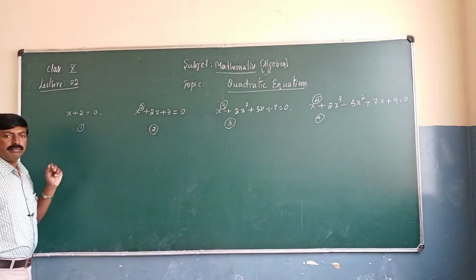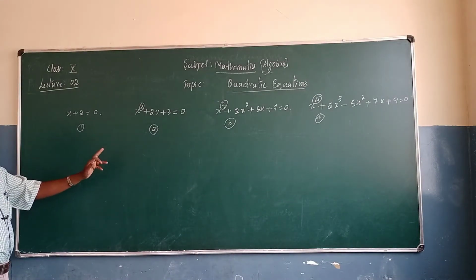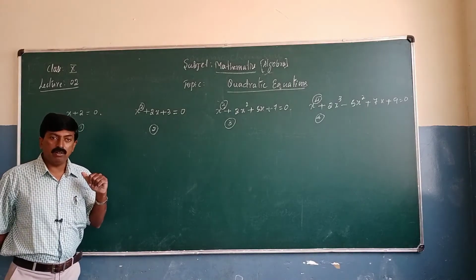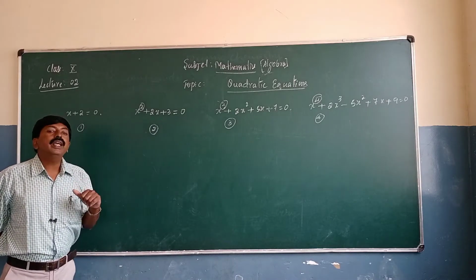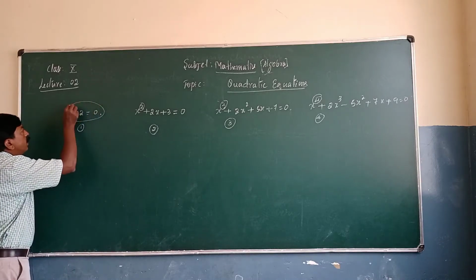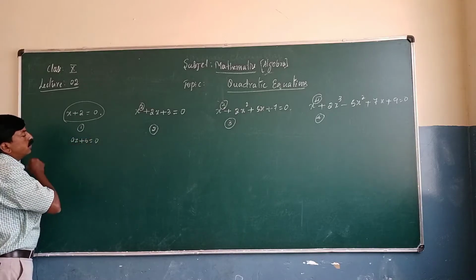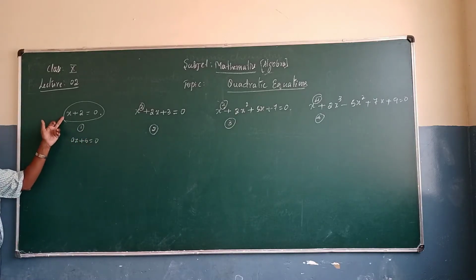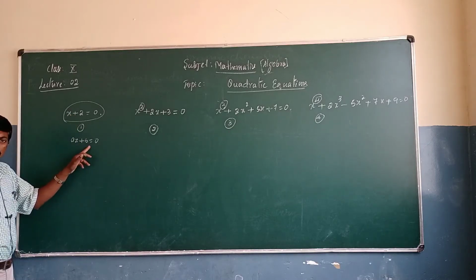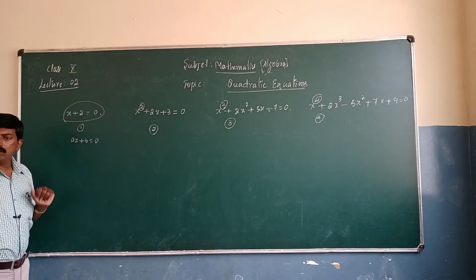Depending on the degrees of the equations, we can identify the type of an equation. Now, its form is ax plus b is equal to 0, where a and b are real numbers, x is a variable and the highest power is 1.